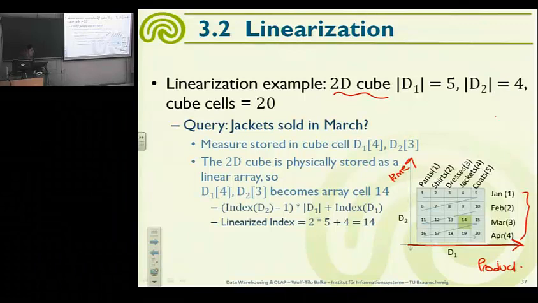Now whenever you have a query like what were the jackets that were sold in March, easily, when you're looking at this matrix over here, I want to find the jackets that are sold. So here I'm looking at the jackets and March, and this is where I need to go and fetch the data from. Of course, if it's a higher dimension level, you can always look at the cube or the matrix and go and find the cell that you want.